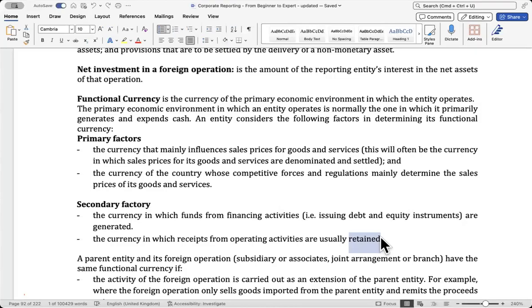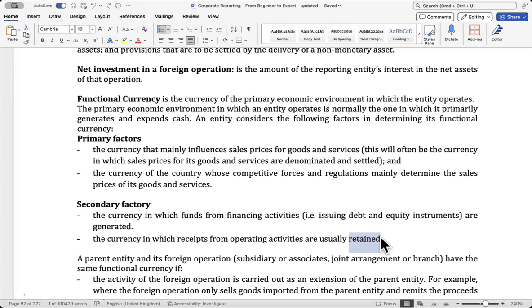We expect that it's the primary economic environment in which you operate that determines the currency in which you retain the receipts from your operating activities. So the currency in which receipts from operating activities are retained is your functional currency.